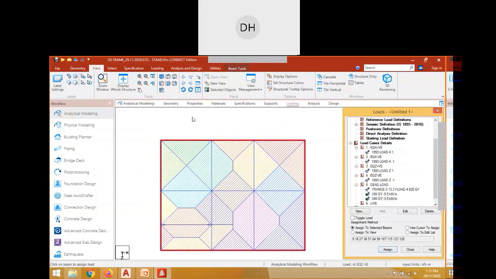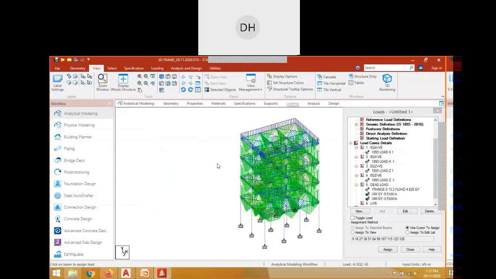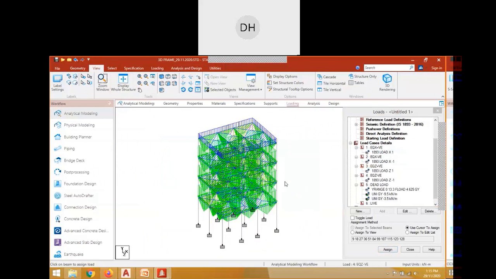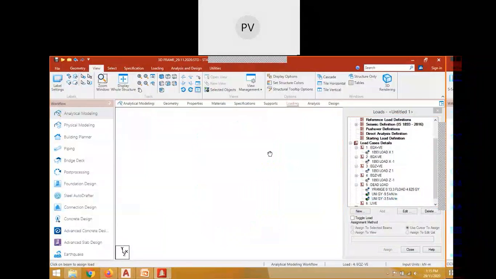Okay, and then go to this, say assign, yes. Okay, now you can display the whole structure with 3D view. Yes, you can check those loads which are assigned to this particular structure are shown in green color. If you put the cursor over it, these loads will turn green. So this is the 9.5 load, these are the 3.5 load, and this is the floor load. Correct? So all loads are assigned now.